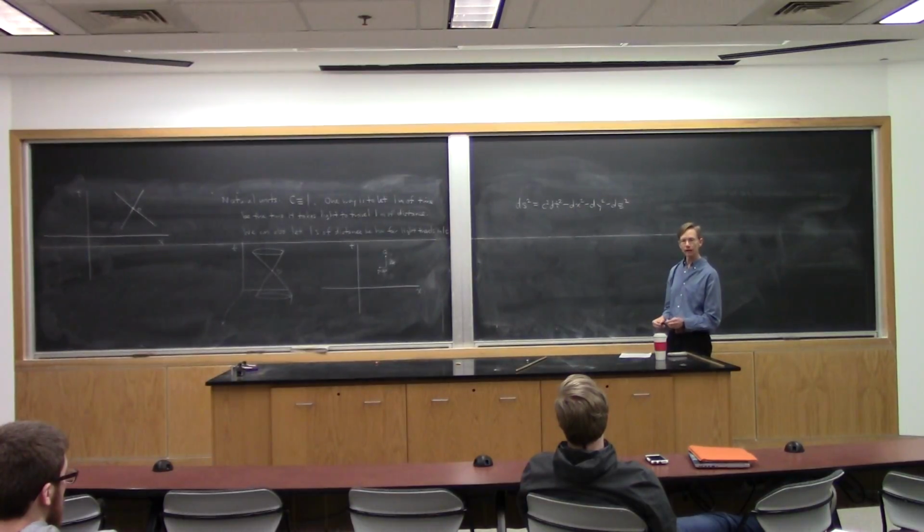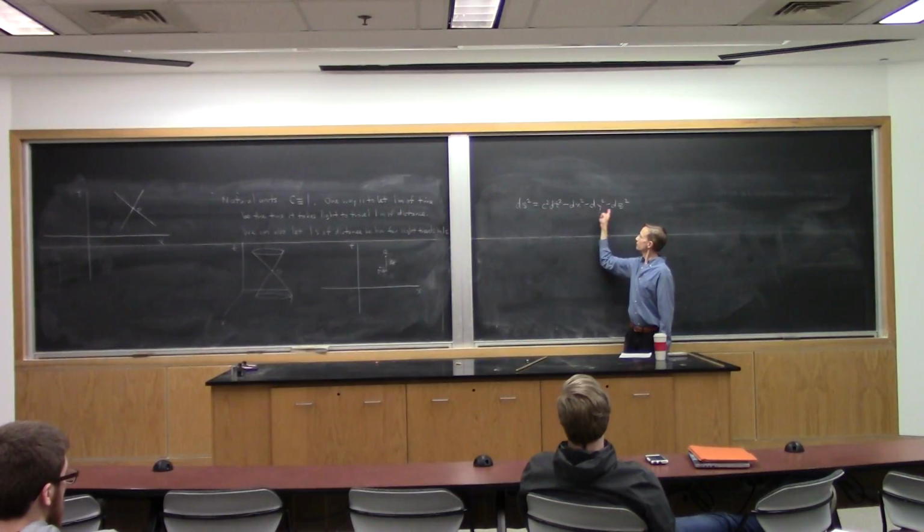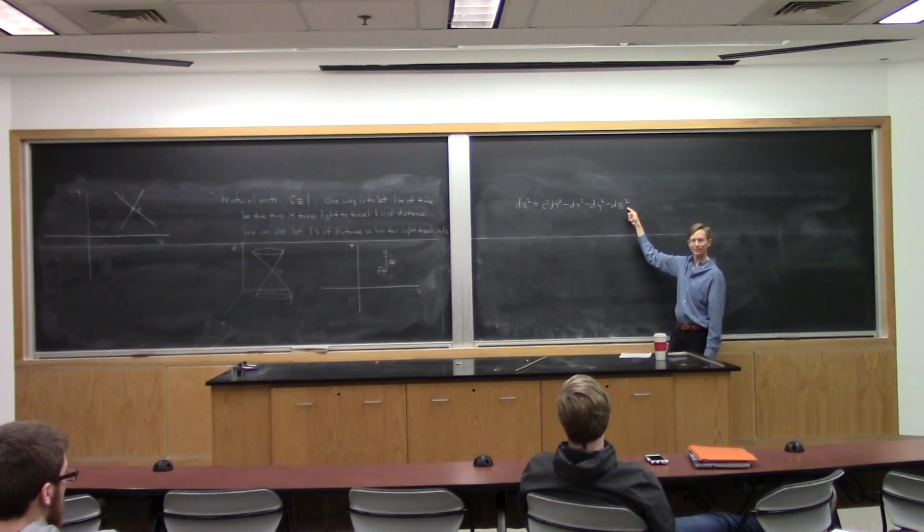So for photons, this quantity will be 0 because the light travels a distance c dt in going between the 2 events, so c squared dt squared, the distance that the light travels between the events, is equal to the distance between the 2 events. And so when you subtract, you get 0.